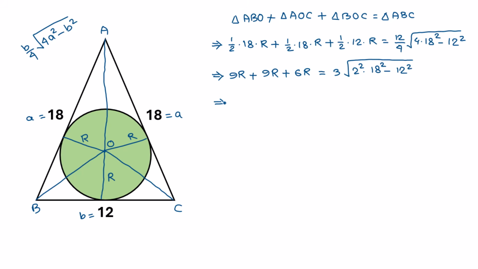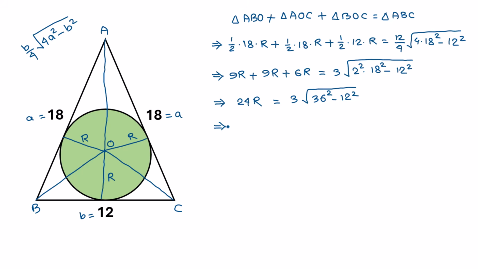Or 9 plus 9 is 18, plus 6 is 24 times r, is equal to 3 times the square root of 36 square minus 12 square.